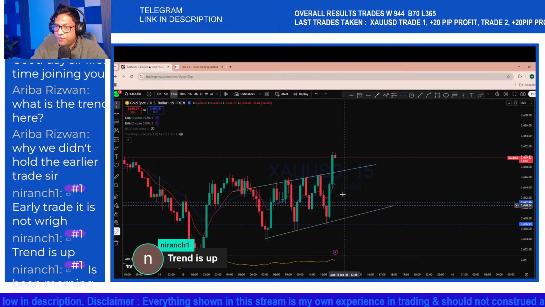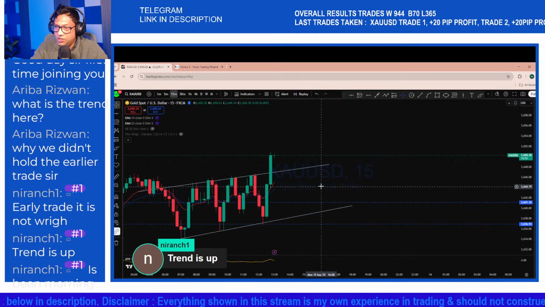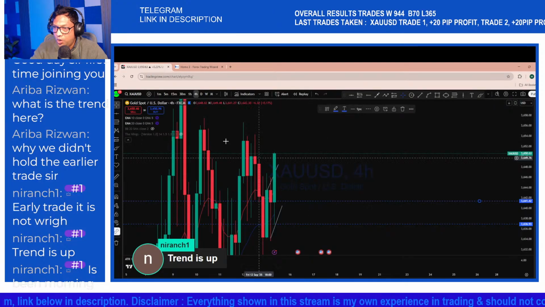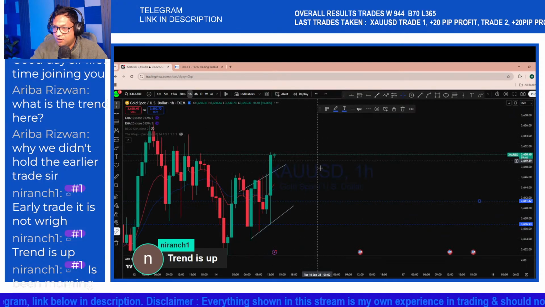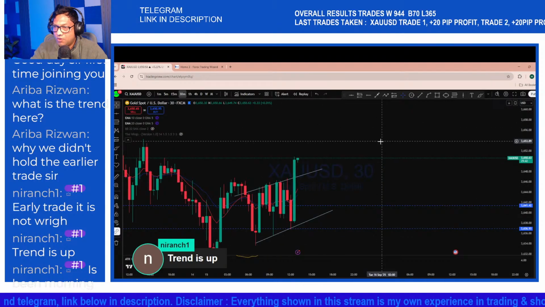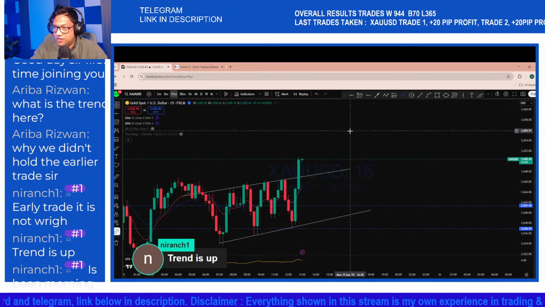So any drop down here to this 4-hour support is where we can look for a bullish entry opportunity in this market.